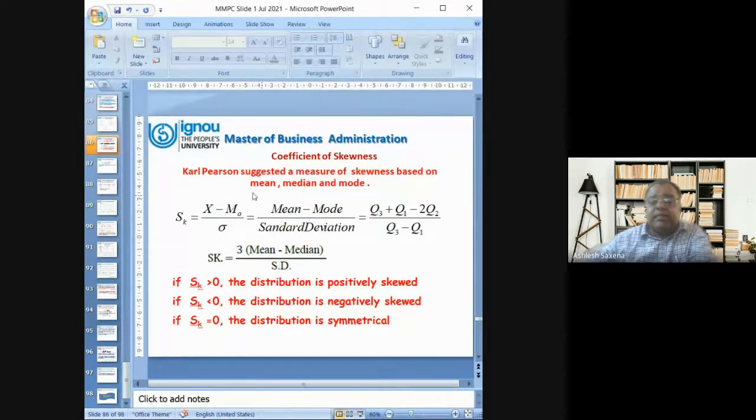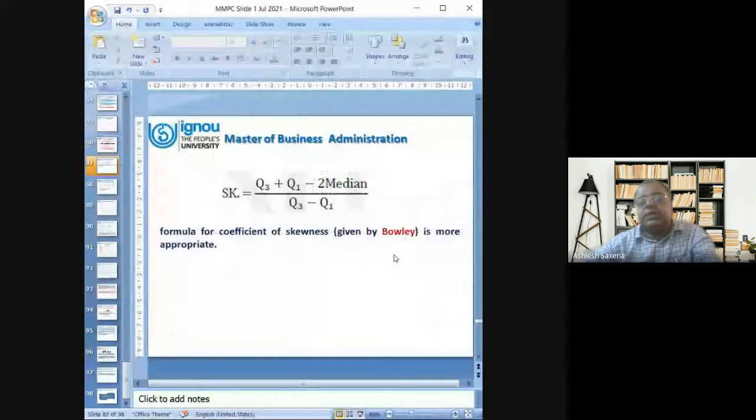This is basically Karl Pearson's formula, and this is Bowley's formula.